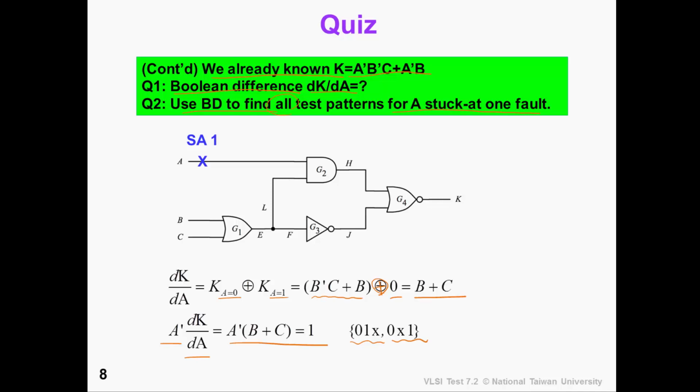We can simply do a check here. Suppose we apply 01x. Output here would be 1, and this is 0, this is 0, and the faulty value here is 1. So the good output is 1, and the faulty output is 0. In this way, we can detect A stuck at 1. Have you got it correctly?